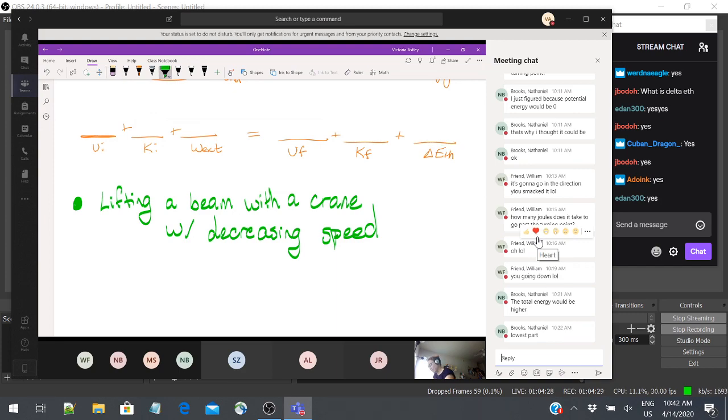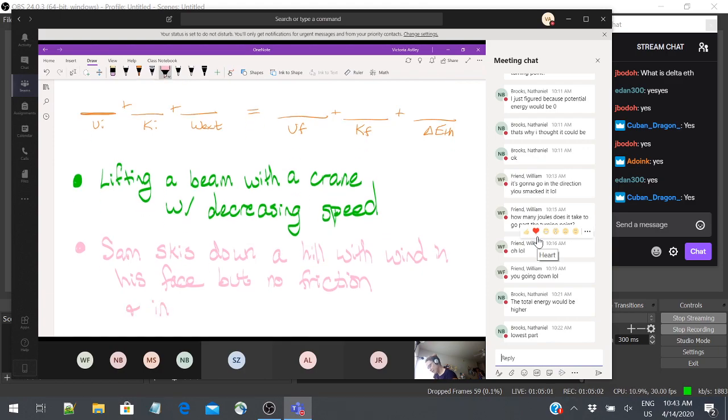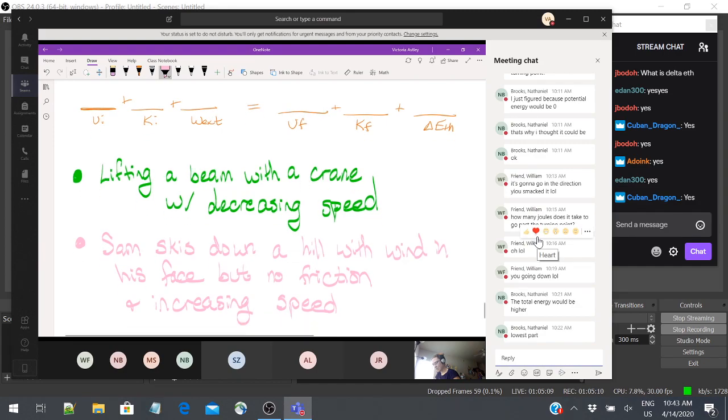Let's do, okay, there's a question on your homework where Sam skis down a hill with wind in his face, but no friction, and increasing speed. Okay, what is his bar chart going to look like?